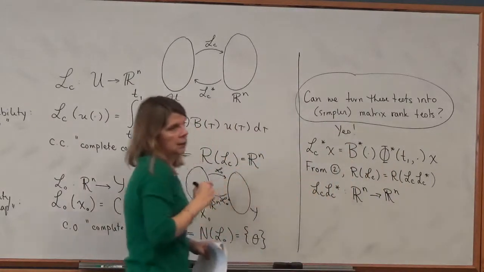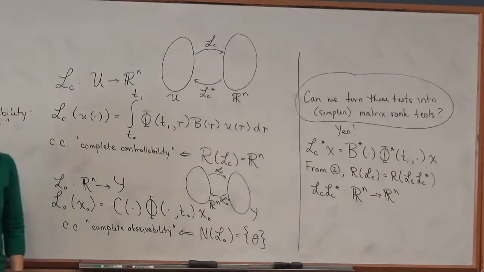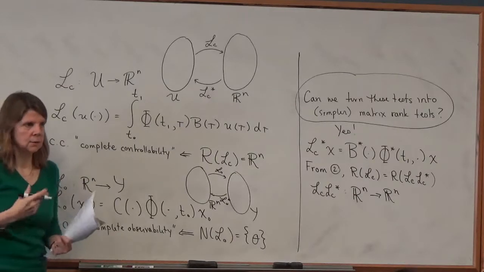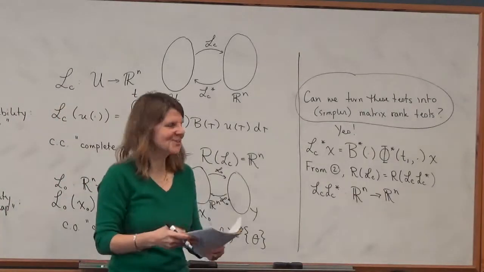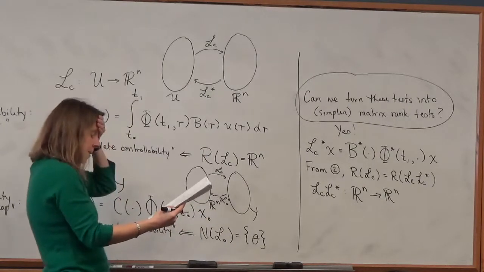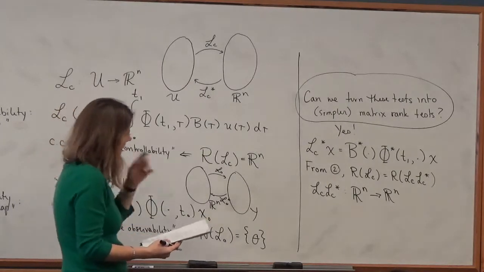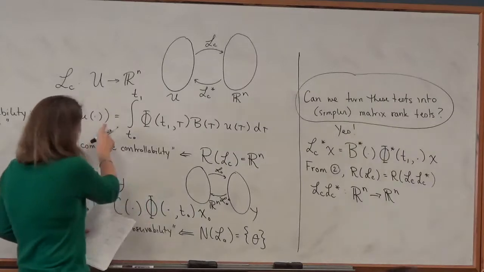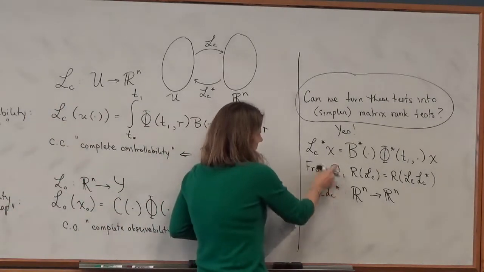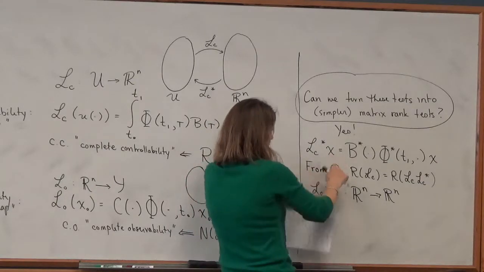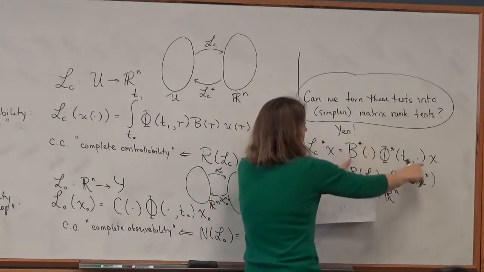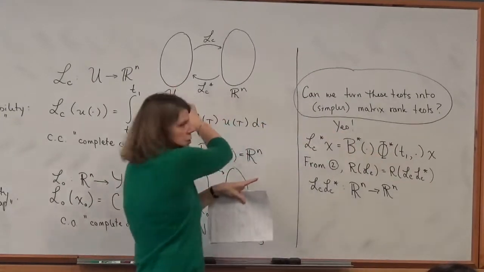Any linear map between finite dimensional vector spaces can be represented as matrix multiplication, right? Good. And so we know we can represent it as a matrix. What is that matrix? Let's work it out. We know what LC is. We know what LC star is. So it says take a vector, apply LC star to it. I took a vector x in Rn, I applied LC star, and I got this vector, which is a function.